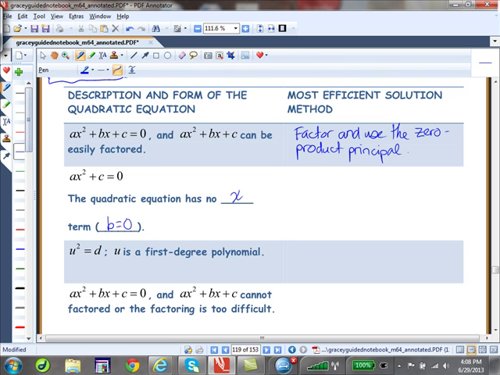So for this one, personally, I would isolate x squared and use the square root property.